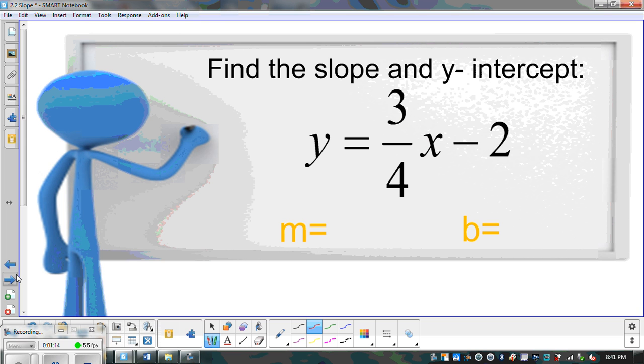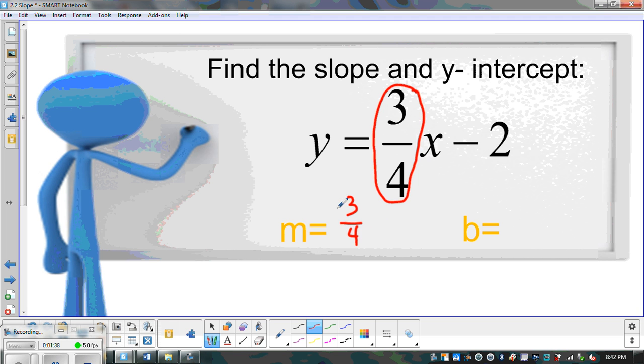So here's our first example that I would like you to write down. You write down the equation y equals 3/4 x minus 2. The slope, or the m, is the coefficient or the number attached to the x. So the slope here is rise 3, run 4. So you're simply going to write the slope as 3/4. Notice I did not write the x.